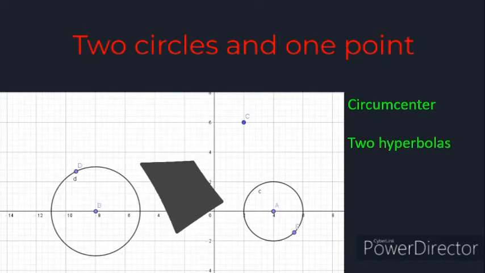Then we discuss the situation of two circles and 1 point. First, let's assume that the relative positions of the two circles and the point are shown in the picture.